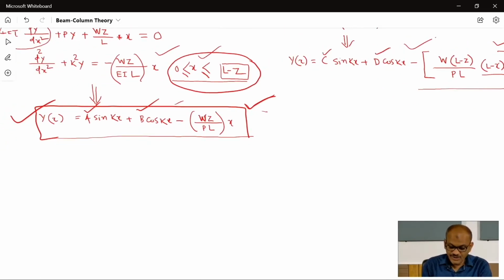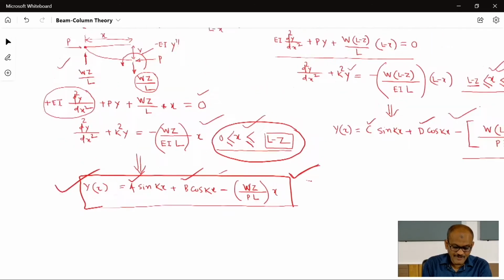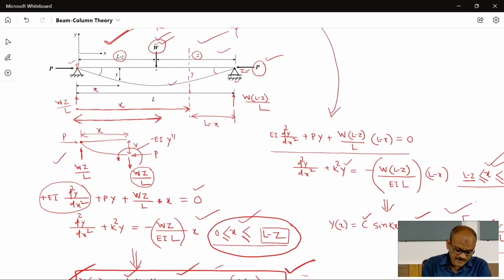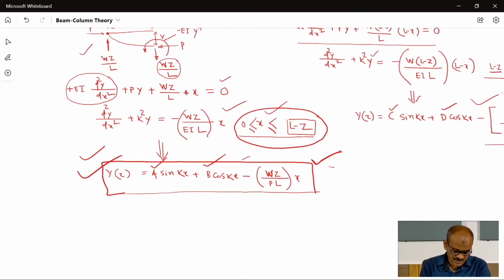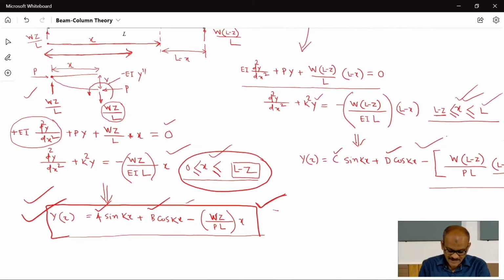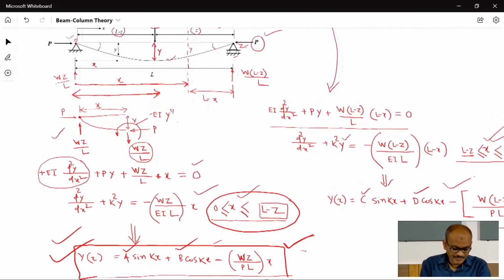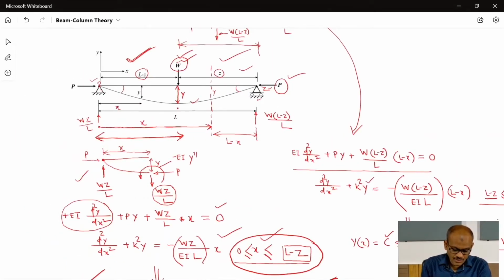Here we will have to use other boundary conditions. At this point, let the y value be considered. This equation is valid from x is equal to 0 to x is equal to L minus z.